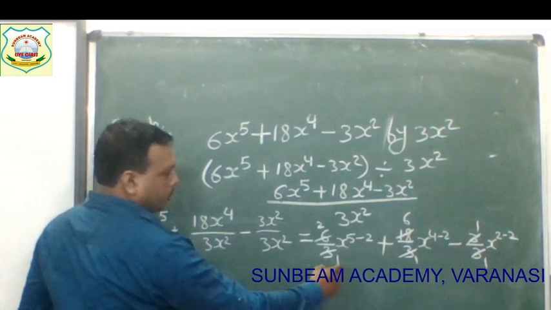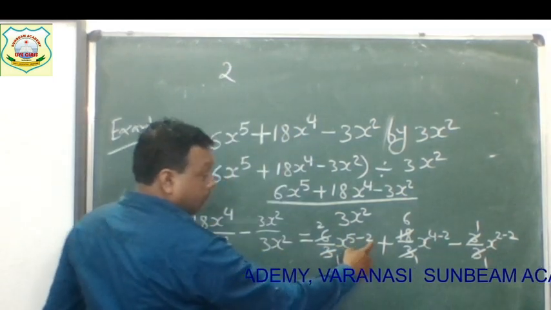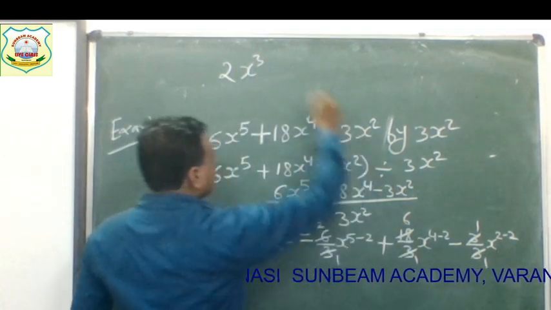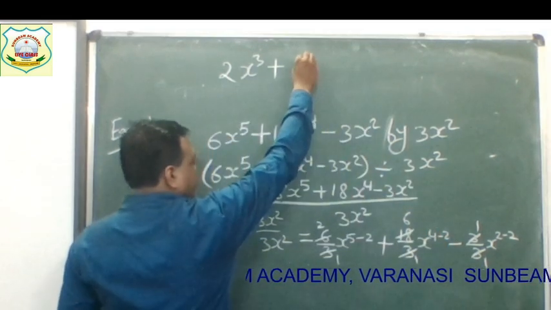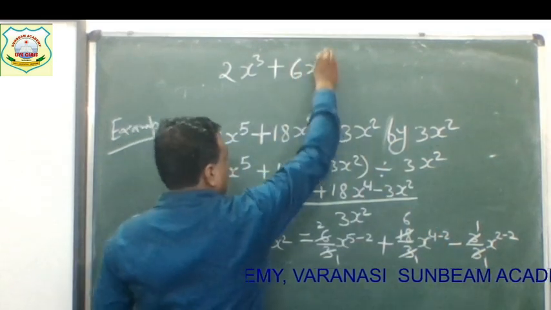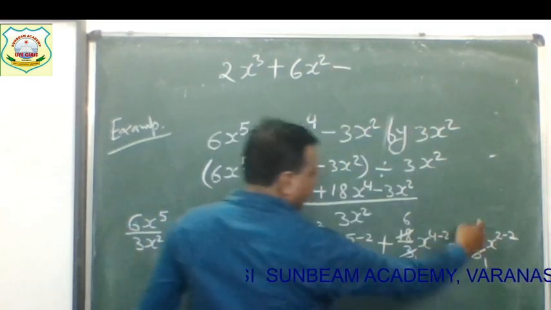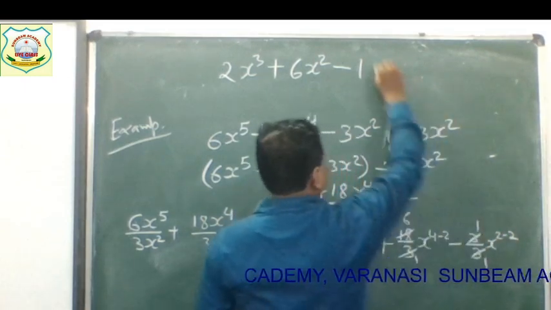So here 2 upon 1, that is 2. x power 5 minus 2, that is x power 3. Plus 6, 4 minus 2, that is 2. Then 6, x power 2 minus 2, students, 1 upon 1, that is 1. x power 2 minus 2, that is x power 0.